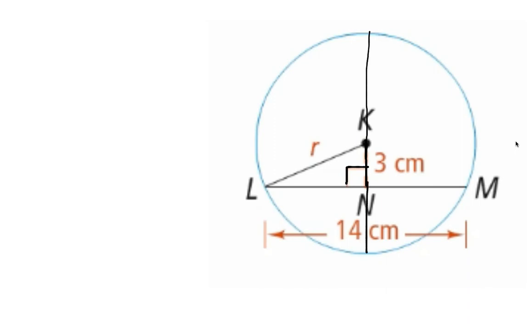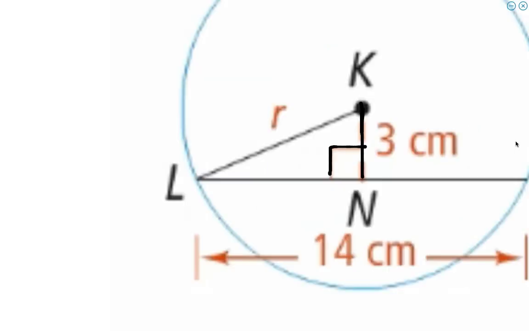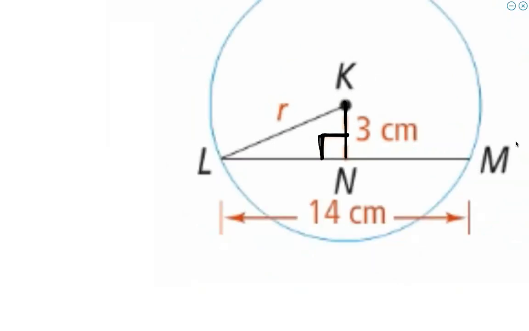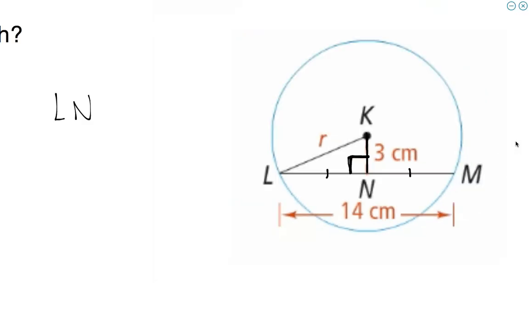This could easily be a diameter. It's the idea that it's coming from the center to this chord and making a right angle that tells us that it bisects this chord LM. So LN and NM are congruent. Okay, so that's theorem 12.8.